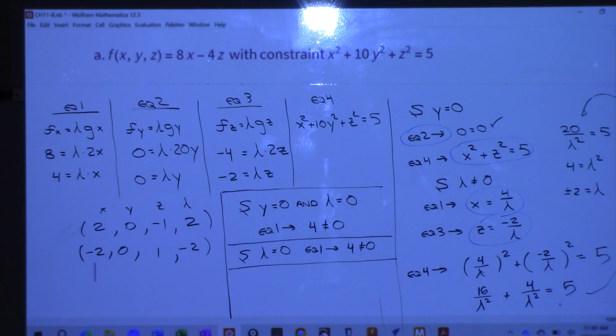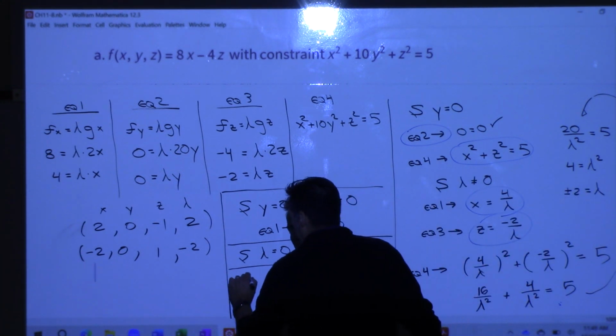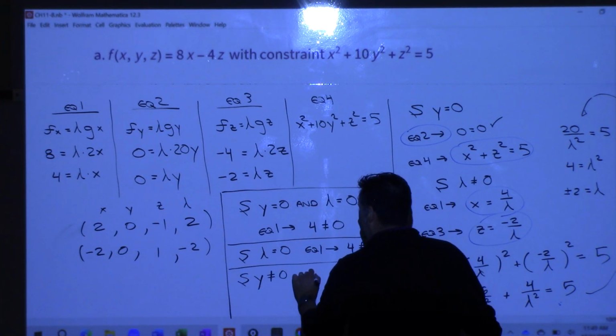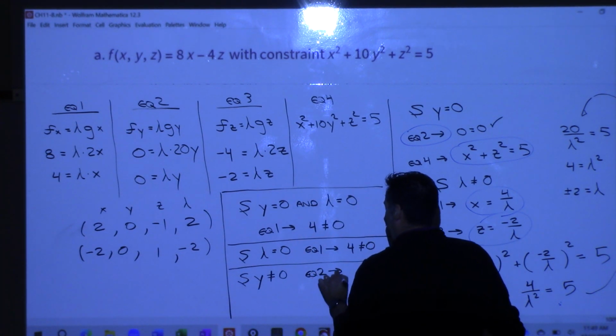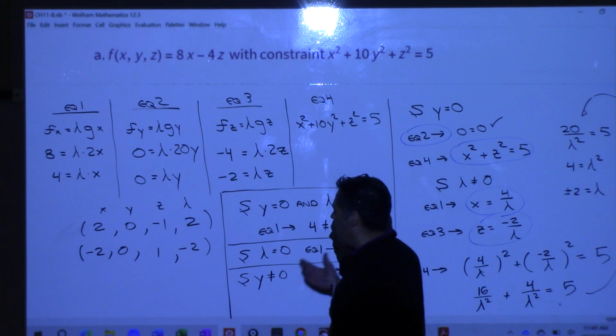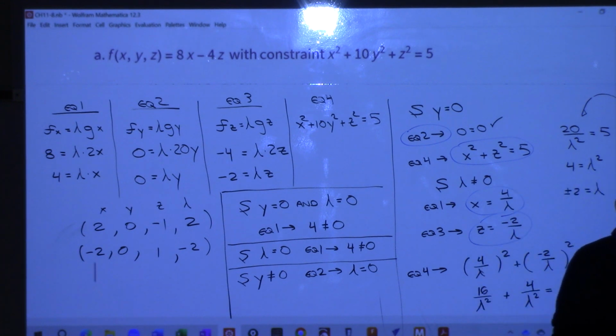Yeah, because of equation 2. Look, this was off of y being 0, right? What if we suppose y is not 0? If y is not 0, then what does equation 2 tell you? That lambda has to be 0. But then we contradict ourselves on equation 1.